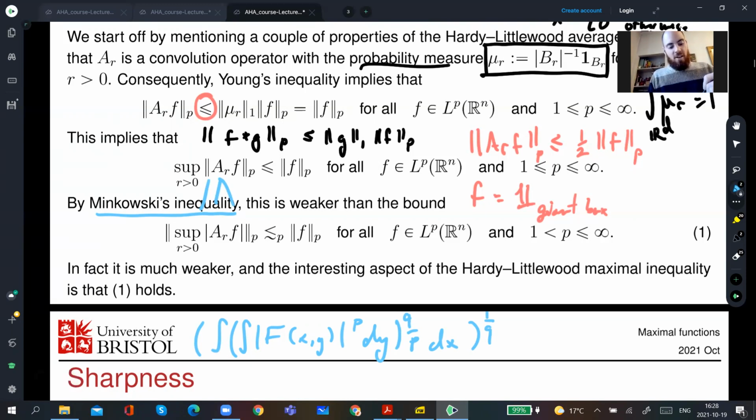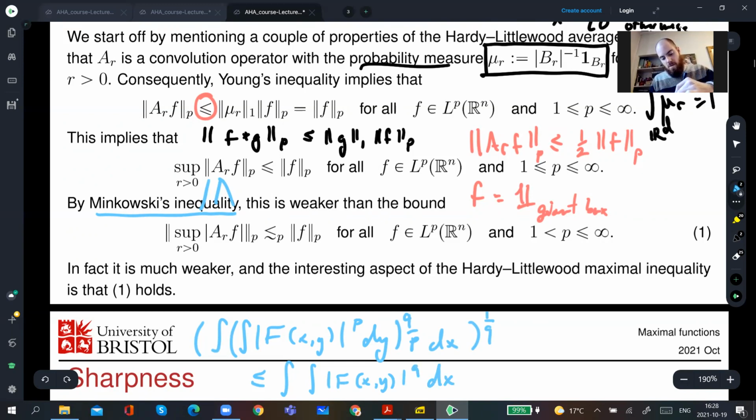Sorry, so if I have a function of 2 variables and I take the LP norm in one variable and the LQ norm in another variable, then this is at most the LP norm in the other variable followed by the LQ norm, switching the order, with exponents p over q and 1 over p.